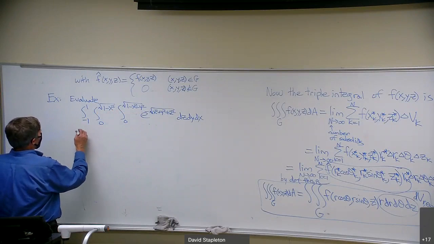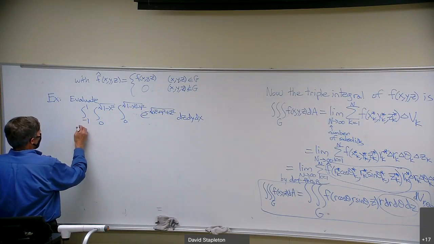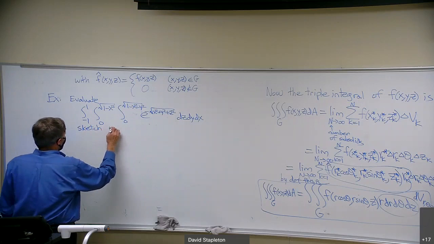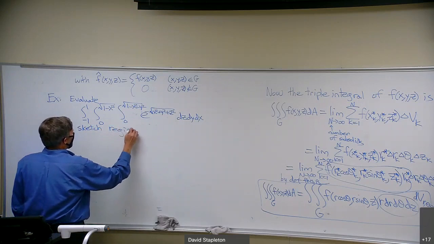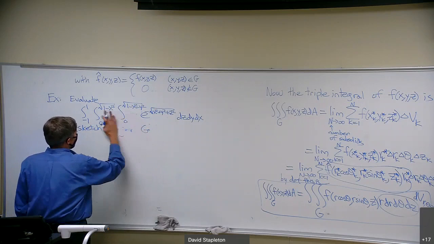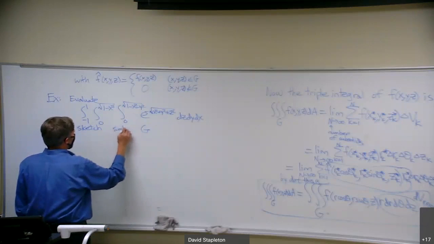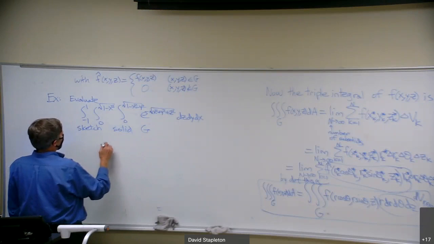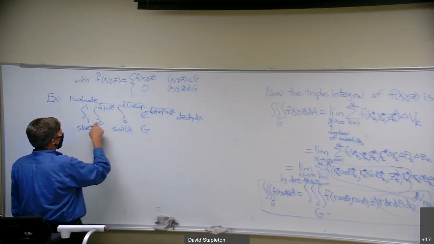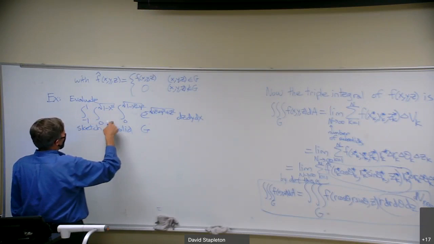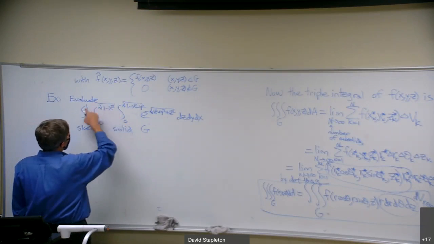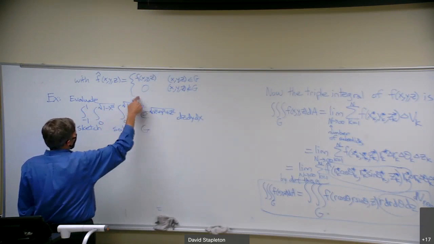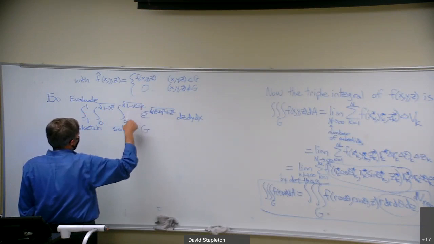What you do to convert it is first sketch the region and then convert it to cylindrical coordinates. Sketch the region G, I guess I should say the solid G. Region, they usually mean a plane region. What does it look like? This is a simple polar region on the outside, a type 1 region on the outside, and then a top surface and a bottom surface, right?